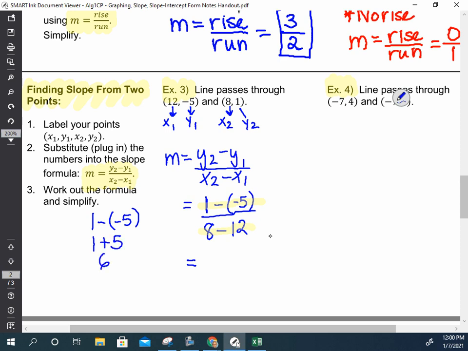So that gives you 6. And 8 minus 12, ladies and gentlemen, gives us what? -4. So 6 over -4, can that be reduced? So what do we reduce this to? 3 over -2. Absolutely. Divide both parts by 2.